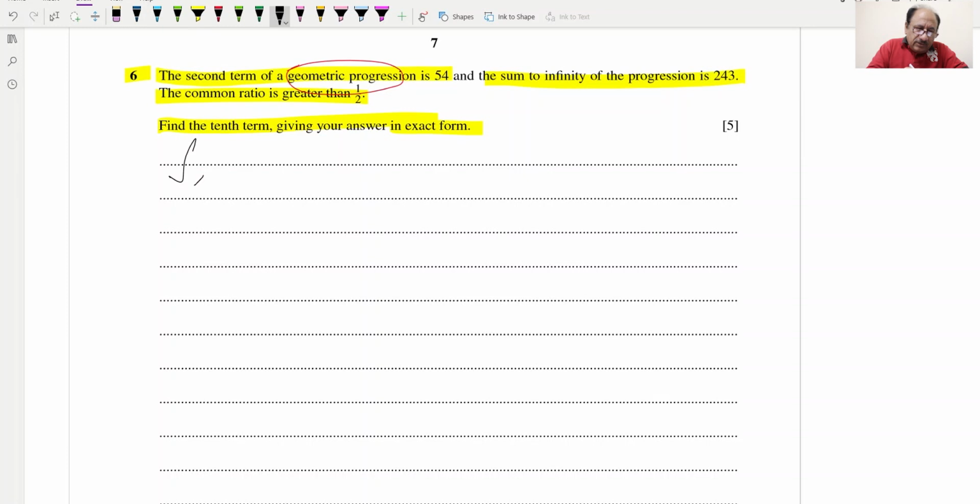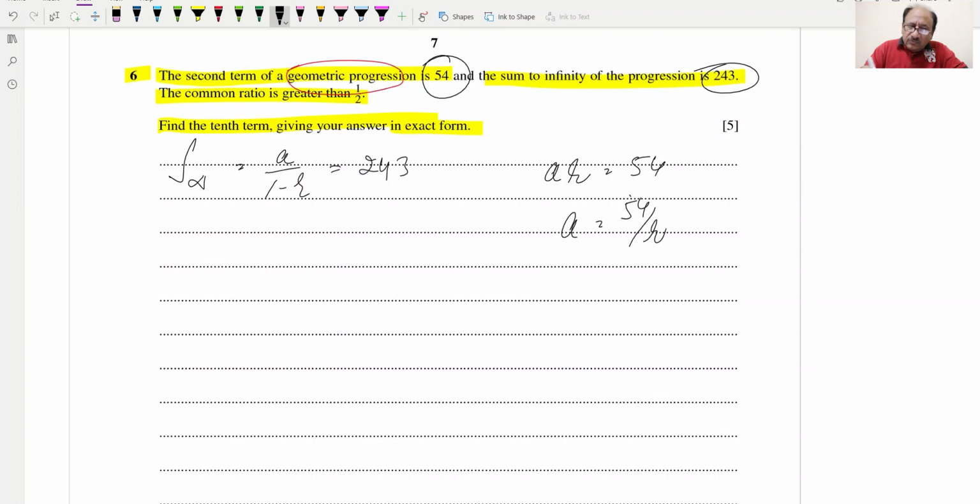So S infinity is equal to A over 1 minus R, and this is given as 243. So A will be equal to, and AR, basically we know AR is the second term, which is A into R, and this is 54, and A will be equal to 54 over R. This value we can replace, and first of all we will arrange A is equal to 1 minus R into 243.